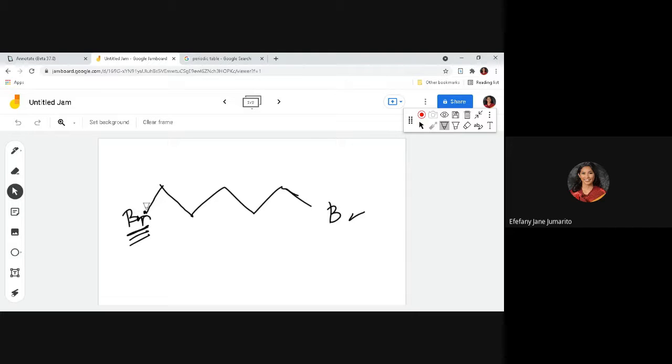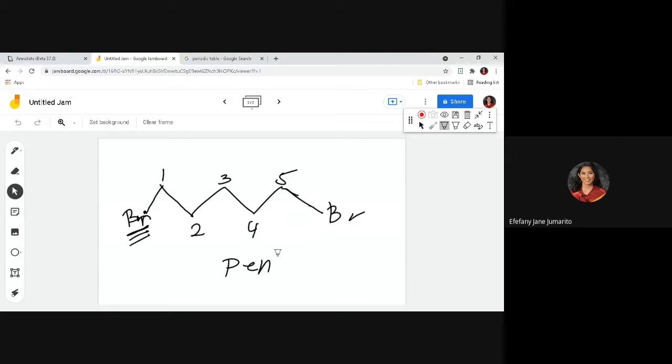The counting will start here: 1, 2, 3, 4, 5. Is there a carbon here? No, ma'am. Actually, what is there is bromine. So, this one, the parent chain is pent.